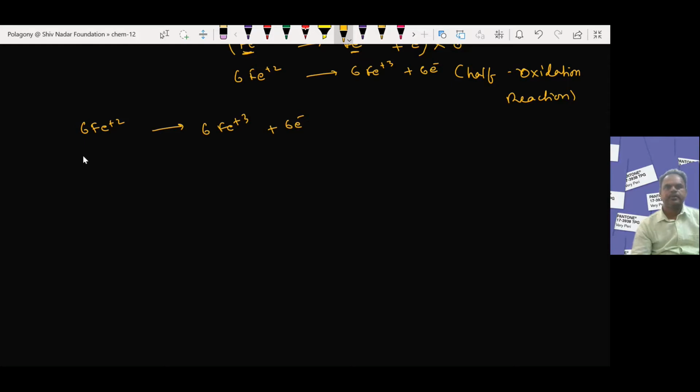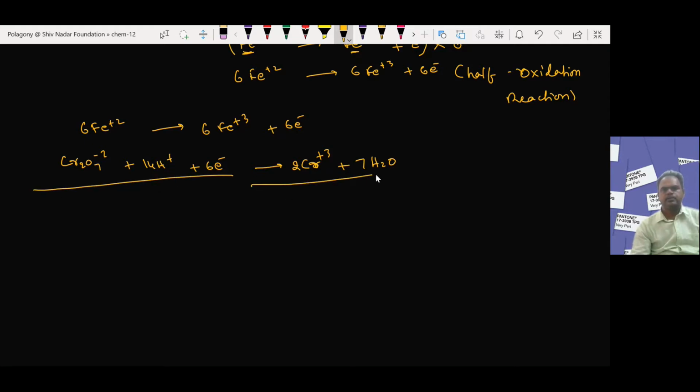The reduction reaction is Cr2O7 2- plus 14 H+ plus 6 electrons changing into 2 Cr3+ plus 7 H2O. Now we should combine both equations.